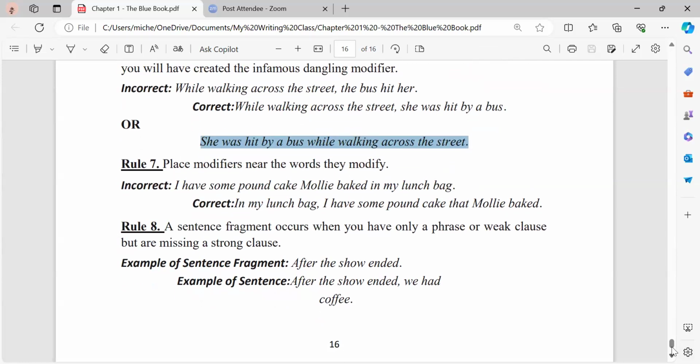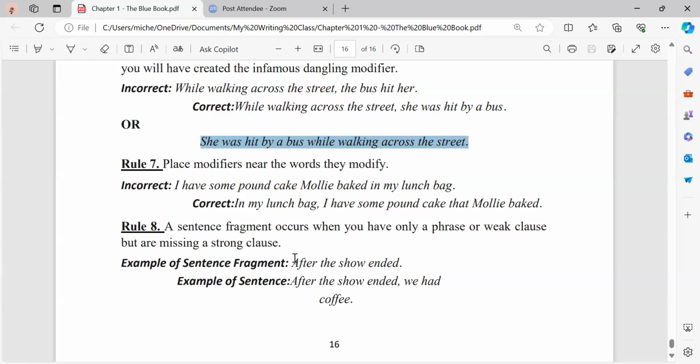Now we are on to the two last rules before I give an example of some writing materials. So rule number 7, place modifiers near the words they modify. The incorrect one: I have some pound cake Molly baked in my lunch bag. The correct one should be: in my lunch bag, I have some pound cake that Molly baked.